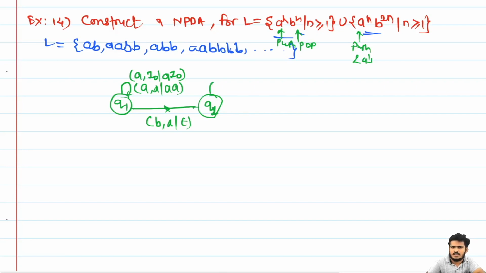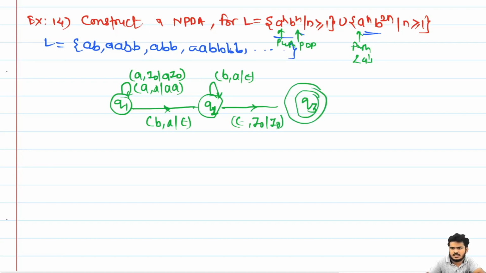Here again, if I get more B's as input and the top of the stack is A, I am only popping. And finally, if I am left with epsilon and the top of the stack is Z0, I will keep that Z0 as it is, and move to the Q3 state, and that Q3 state is the final state. Okay, so this is the PDA for this particular language.